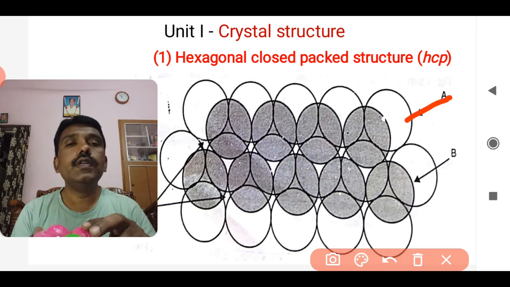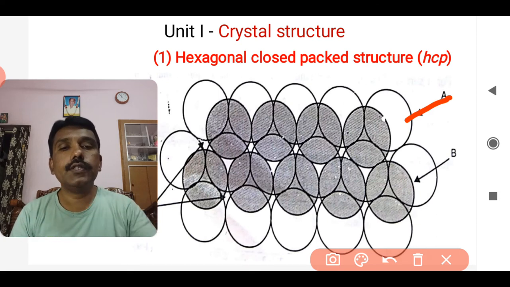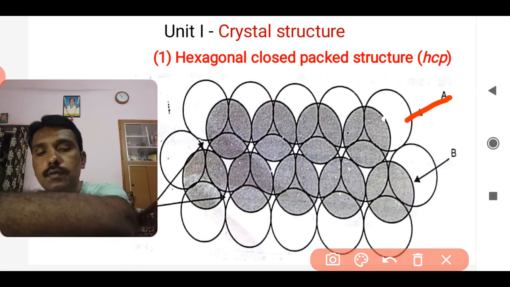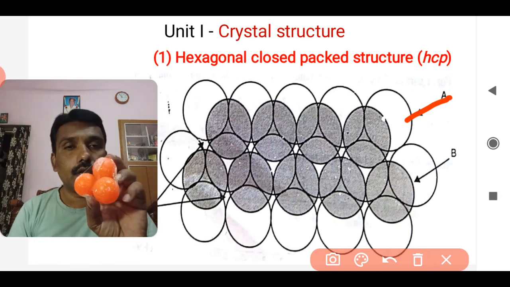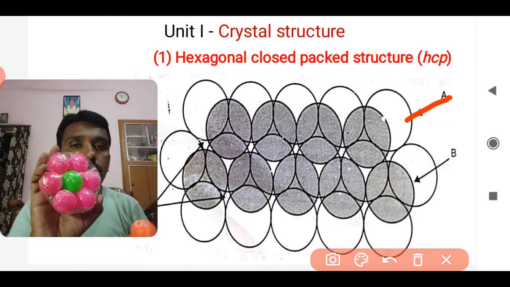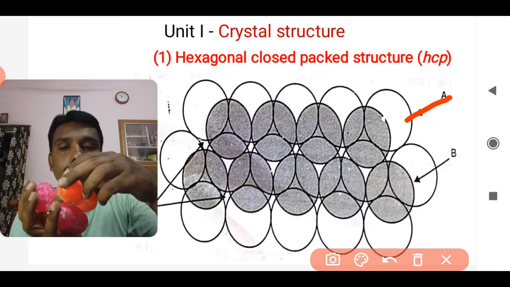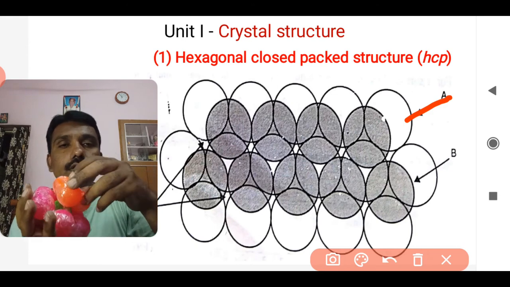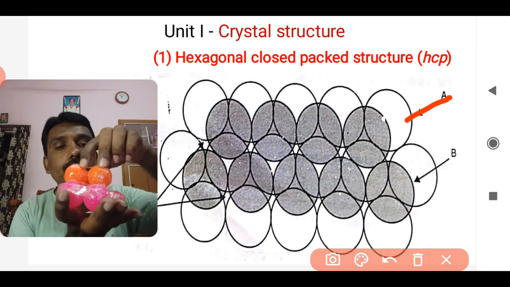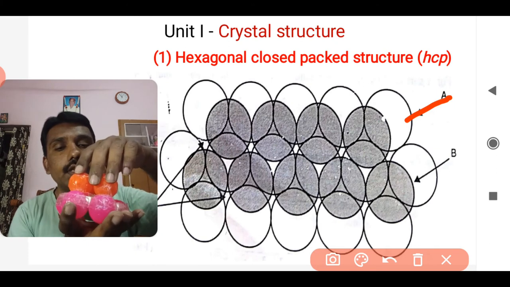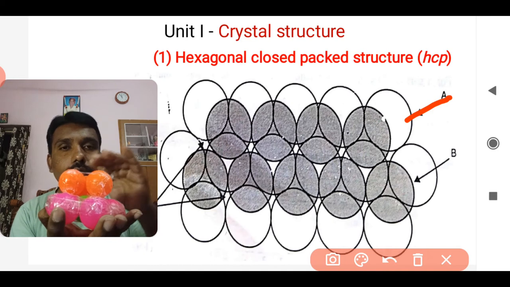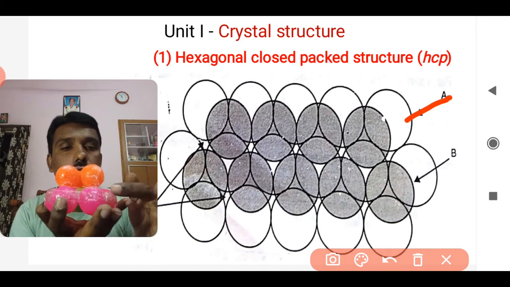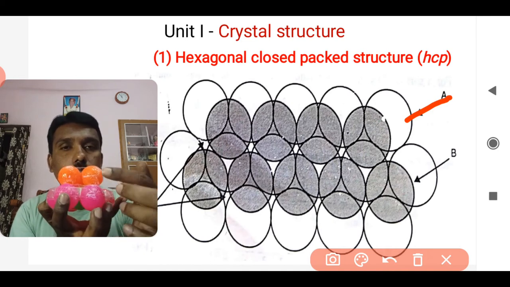These grooves are filled by another layer, the B layer, which contains three atoms. These three atoms are placed on the remaining grooves. This is the A layer, and this is the B layer.